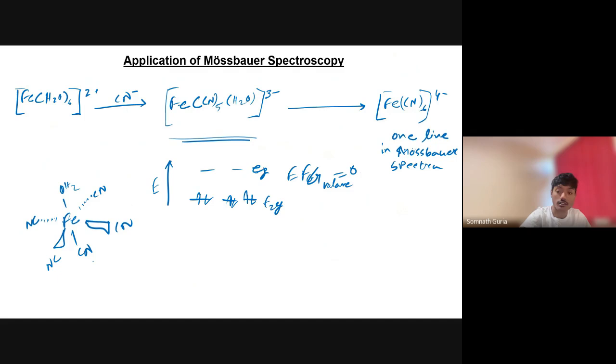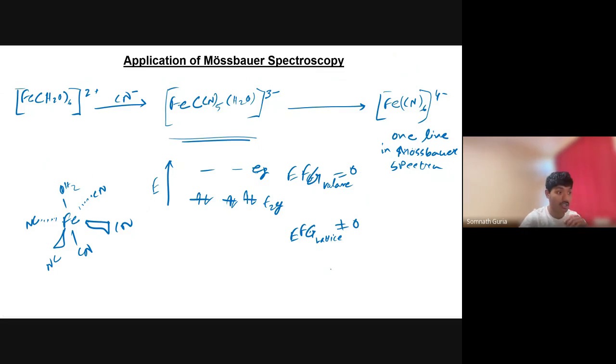So the EFG lattice contribution will be non-zero, which is lesser than my Fe hexa aqua system.